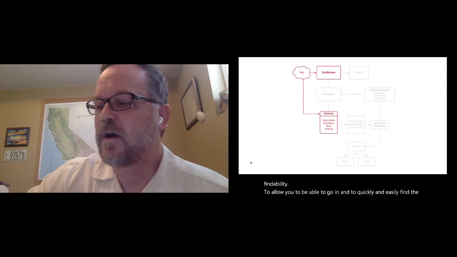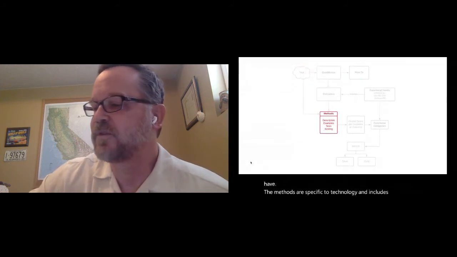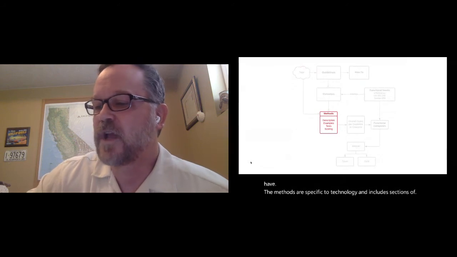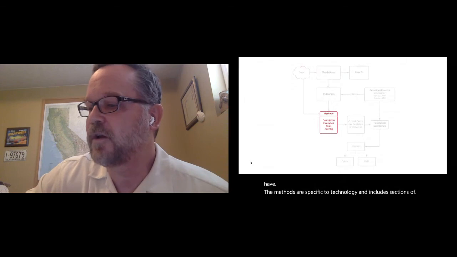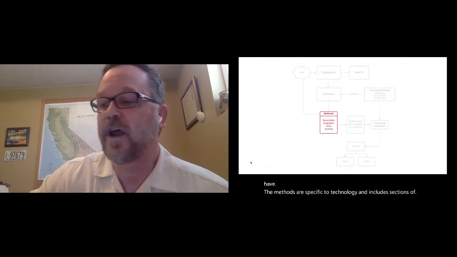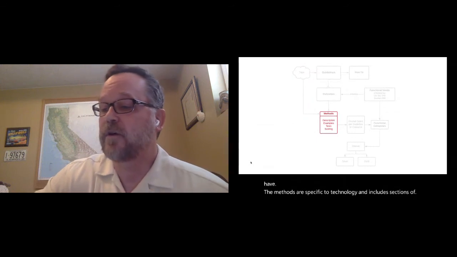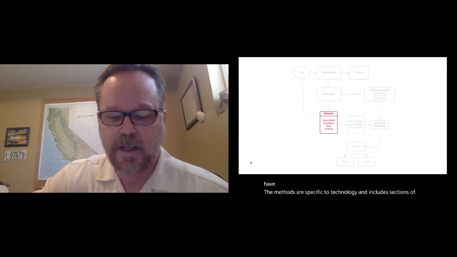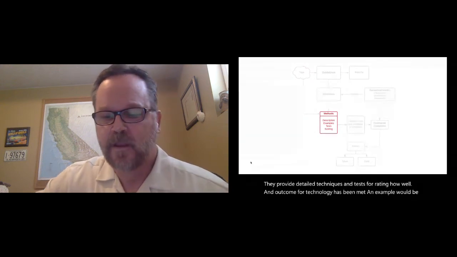The methods are specific to technology and include sections of description, example tests, and scoring. They provide detailed techniques and tests for rating how well an outcome for technology has been met. An example would be headings, HTML, and ARIA.